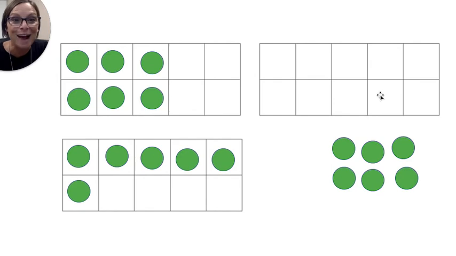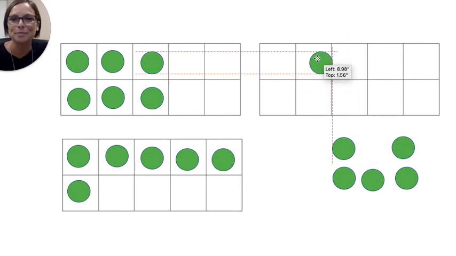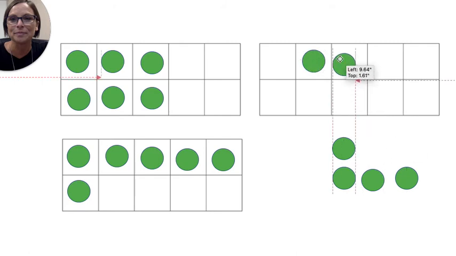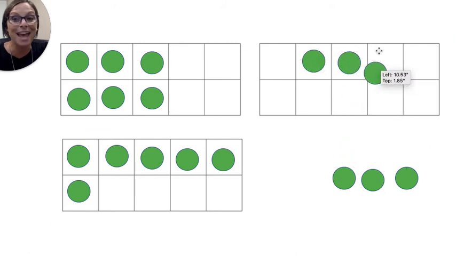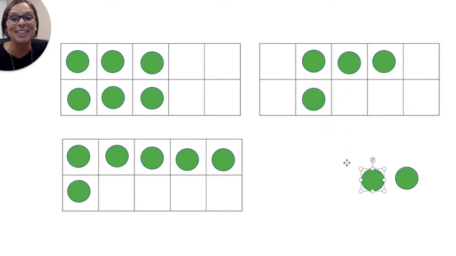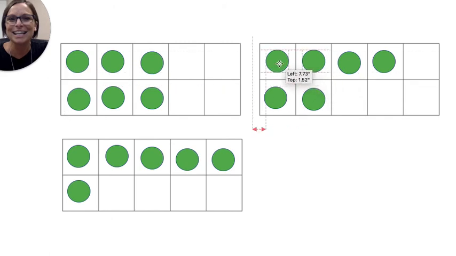Go ahead and do that now. You may have put your dots like this. Look at that. There's 4 dots kind of together here is what I see, and then 5, 6. There's still those 4 empty spaces.